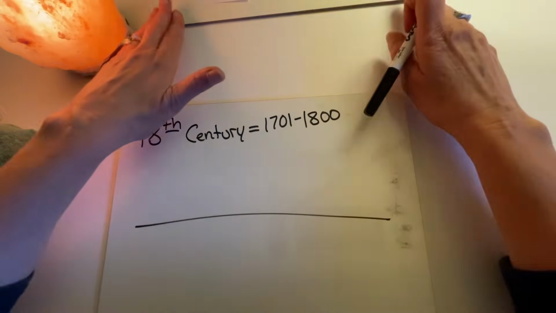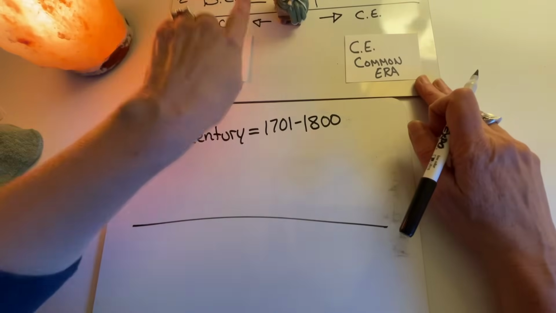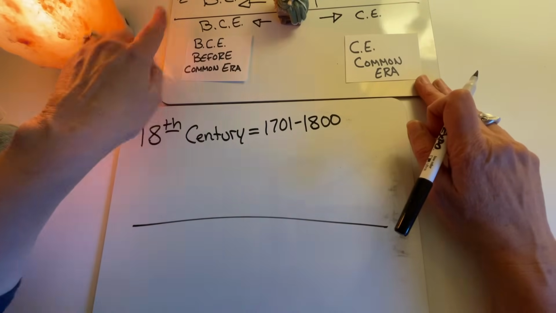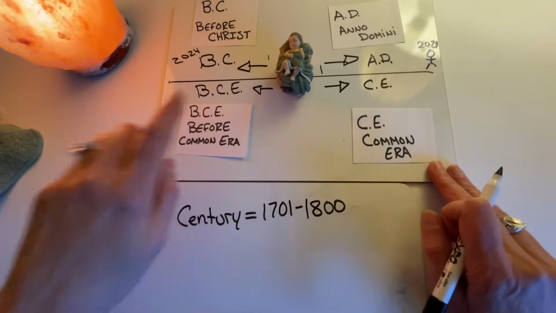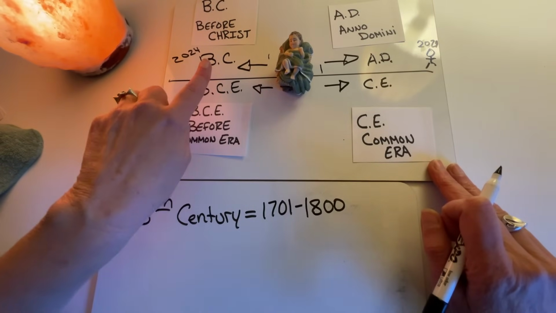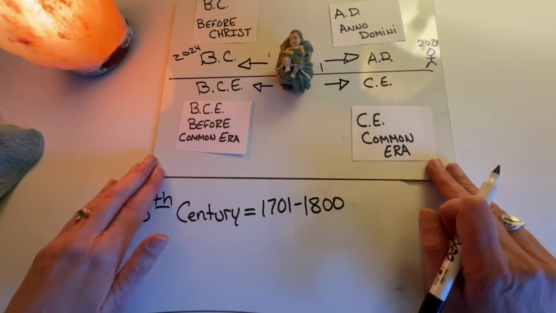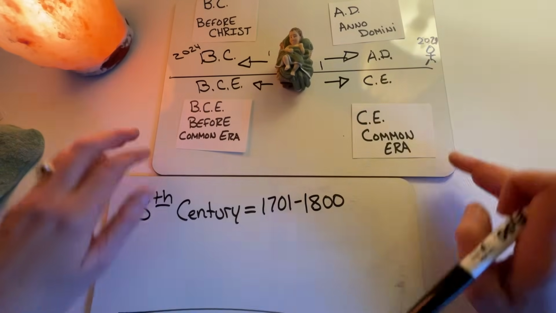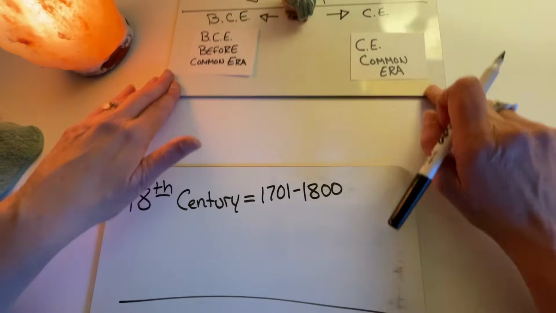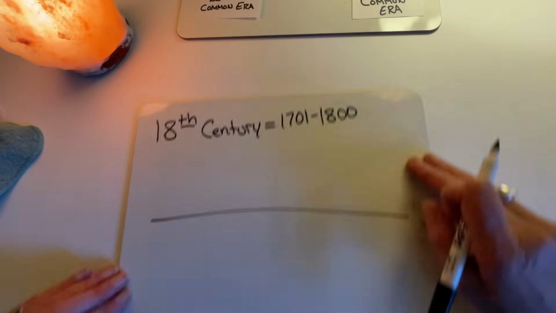And I think I made it clear, but see, these BC years, they go in reverse of that. So you'll have your first century, and then the second century, the third century. And this goes first century. So they go in opposite. I made that clear, right? That wasn't confusing, I don't think.